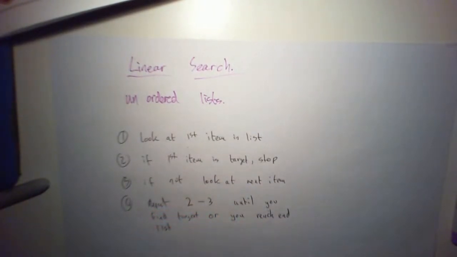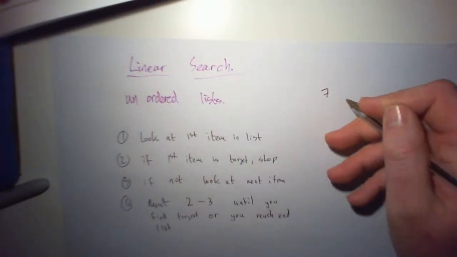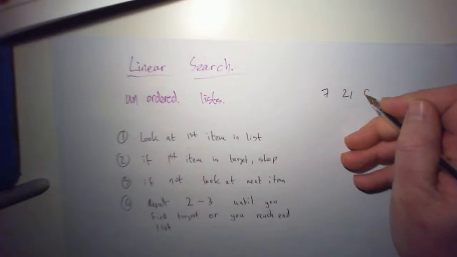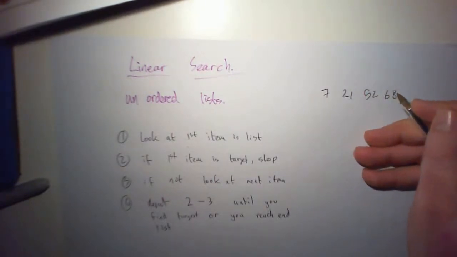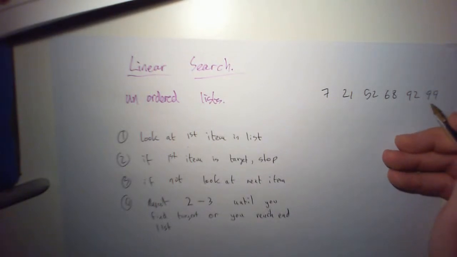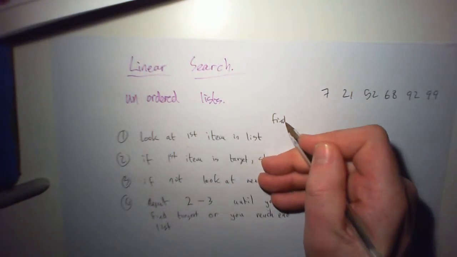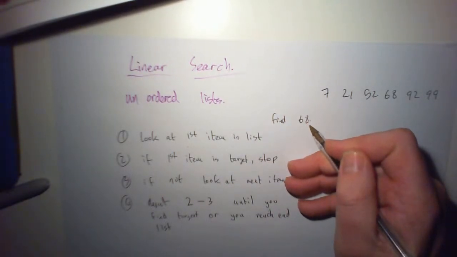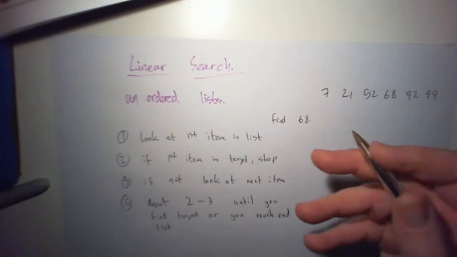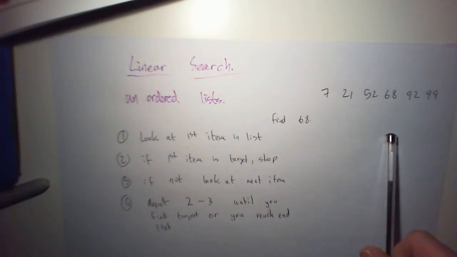So let's have a look at the list. Let's do 7, 21, 52, 68, 92, 99. And I want to find 68. Let's see how many steps it would take us to find 68.